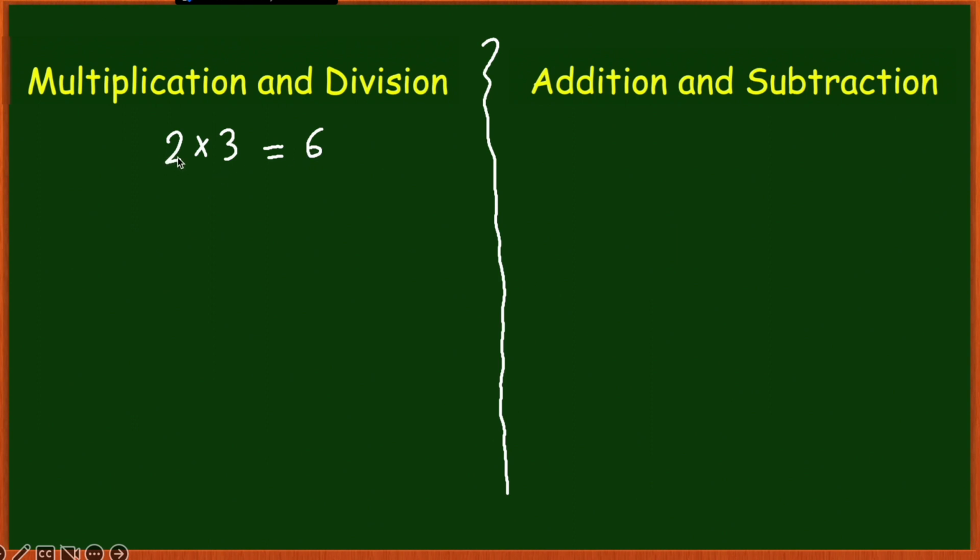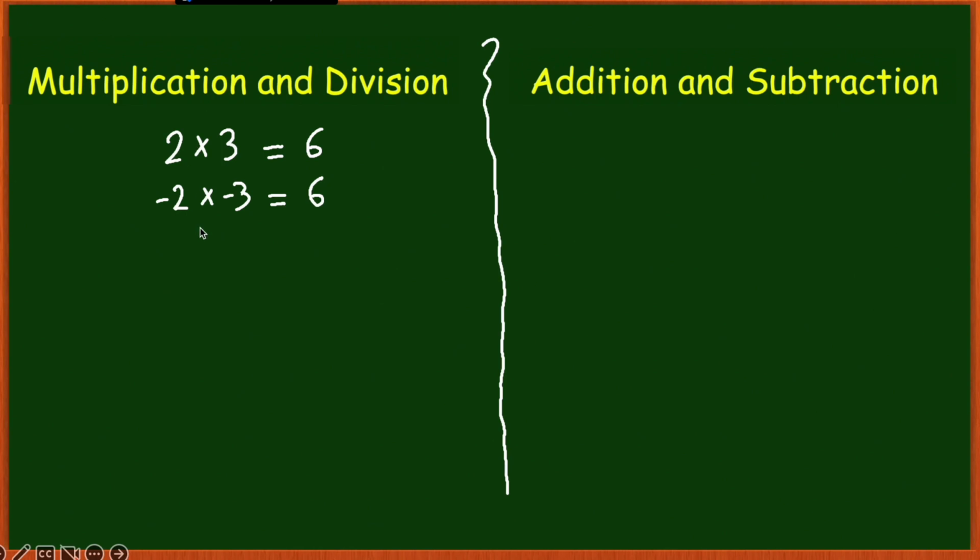Positive 2 times a positive 3 gives us a positive 6. Well, according to the rules of multiplication and division, if we have negative 2 times a negative 3, that's also going to give us a positive 6.